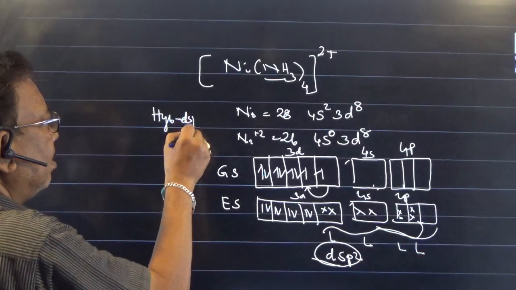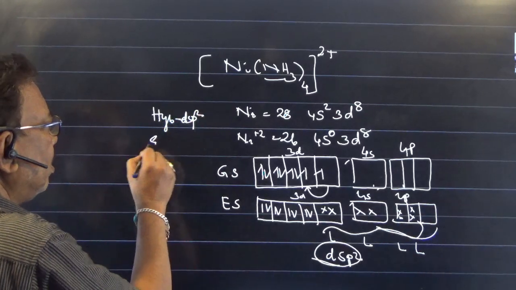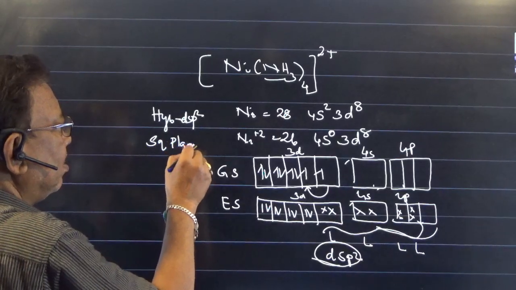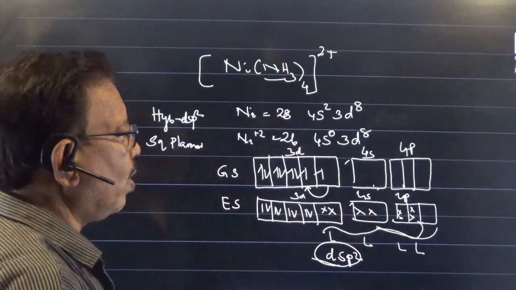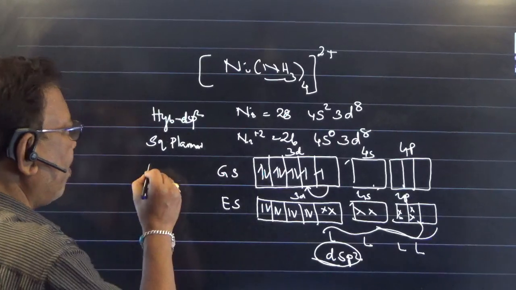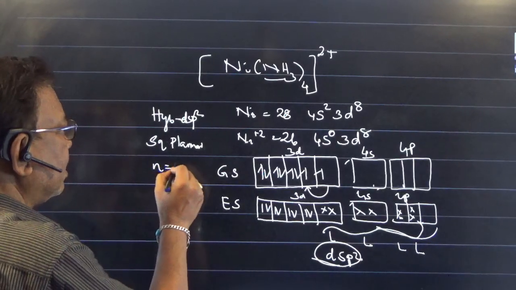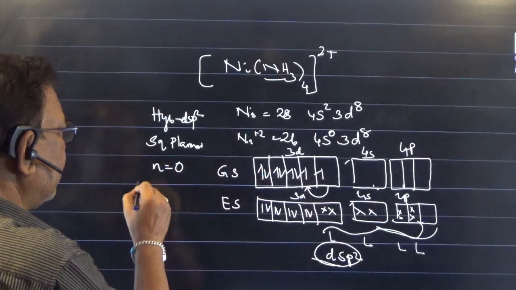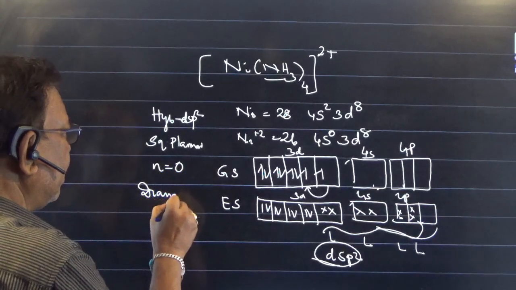Yes, sir. dsp2, it is square planar. And the number of unpaired electrons n is equal to 0. So hence it is diamagnetic.